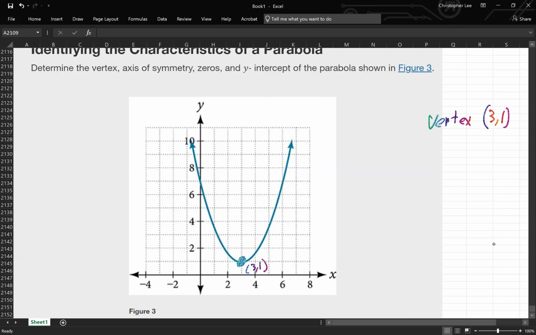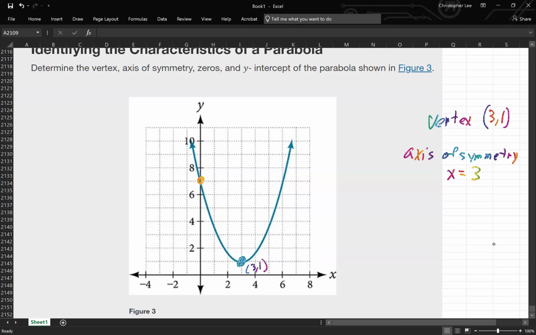My axis of symmetry is the x coordinate of the vertex. So you see how the vertex is 3 comma 1. My axis of symmetry here is just x equals 3. That's that vertical line that goes through.